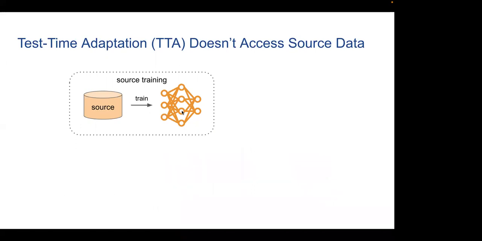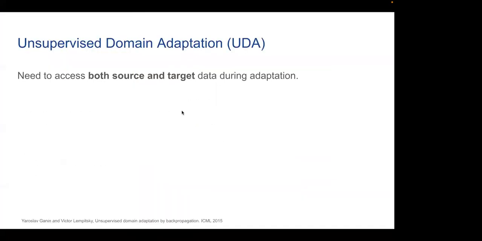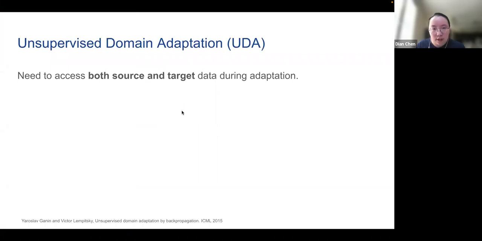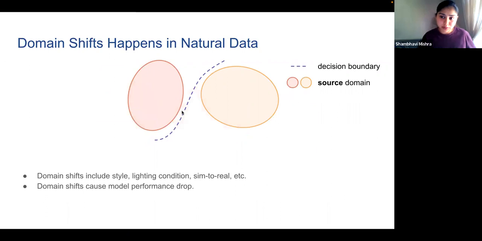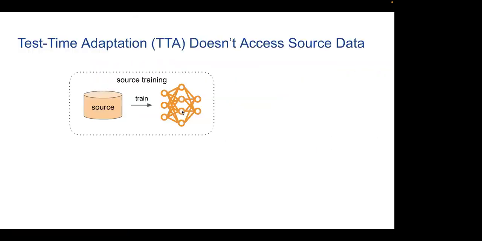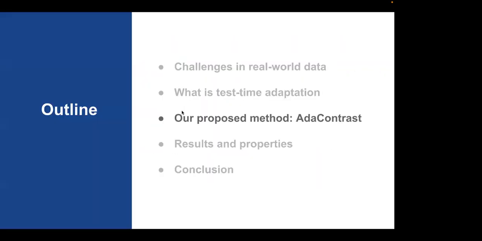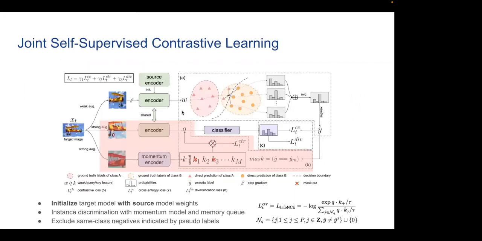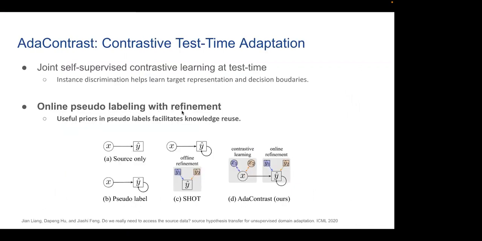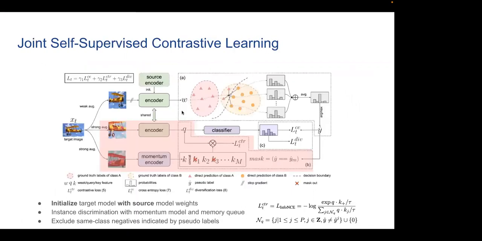I'm sorry, I didn't catch that clearly. Do you want to reframe it, Vikas? Yeah, sure. In your test time adaptation, we cannot have a lot of target samples to find the nearest neighbor and define your pseudo labels. So how do you tackle this problem in your online pseudo label defining?